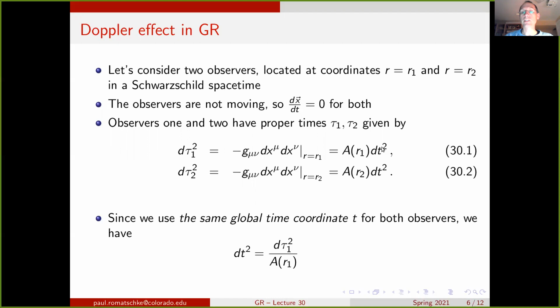Since the global time coordinate dt is the same for both observers, we can solve for dt for observer 1 and for observer 2, and setting them equal gives us a relation between the proper time increments. So from the first equation, we find dt squared is dτ1 squared over A(r1) for observer 1, and it's equal to dτ2 squared over the Schwarzschild factor evaluated at observer 2.